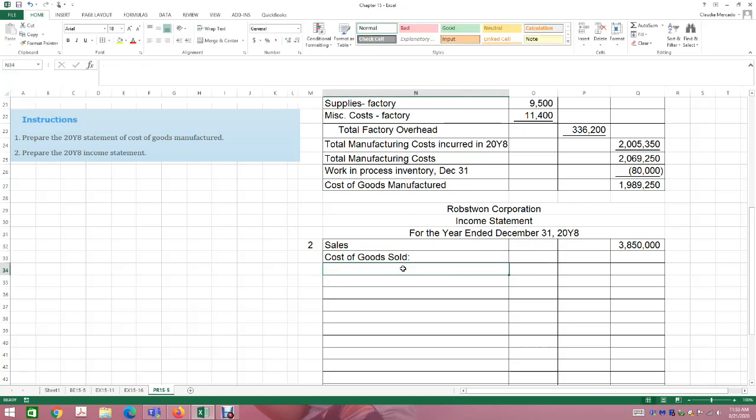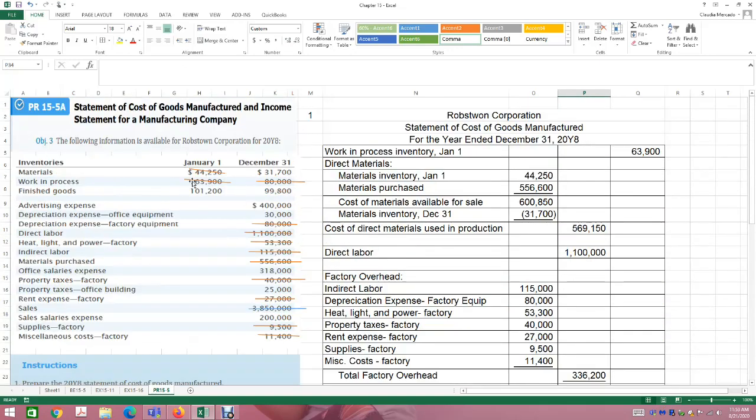What we're going to do is start off with our finished goods inventory as of the beginning of the year.